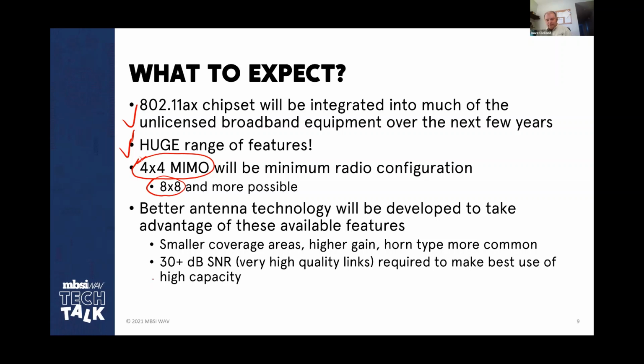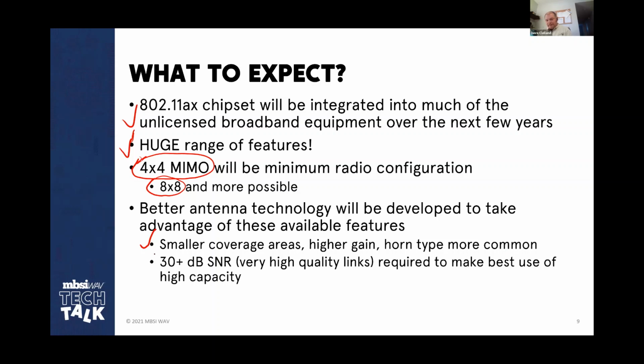Because the cost of the access point is coming down because of the volume that manufacturers are able to produce, we're going to be able to use smaller coverage areas, and higher gain horn type antennas are going to become much more common.